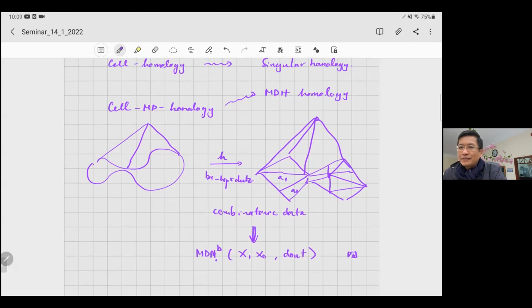So how is the comparison of this cohomology with the singular cohomology? Actually, it's stronger. You've seen that it is homology. If I take D equal to infinity, it actually recovers the singular homology.